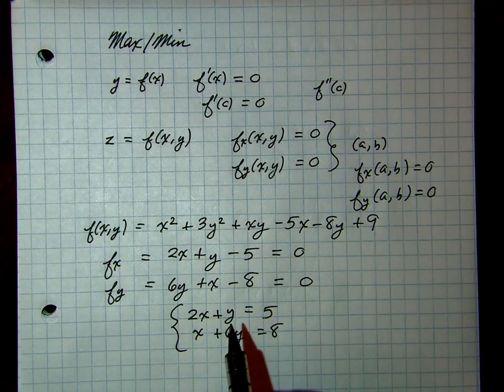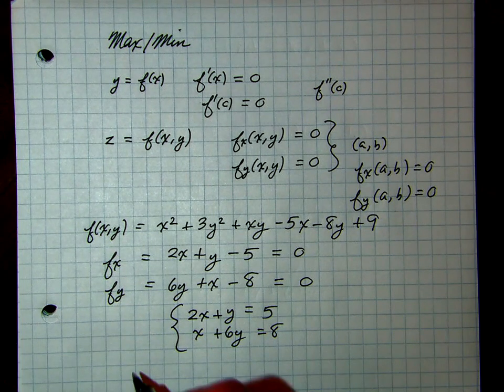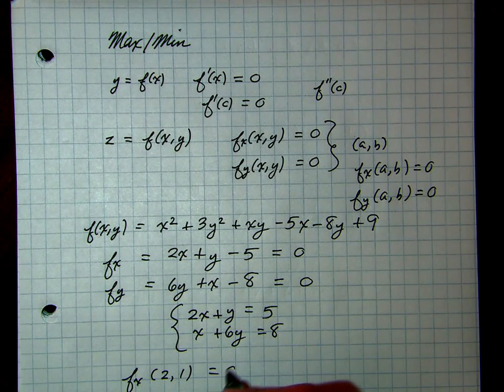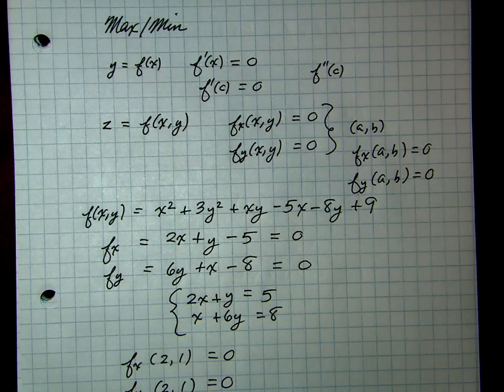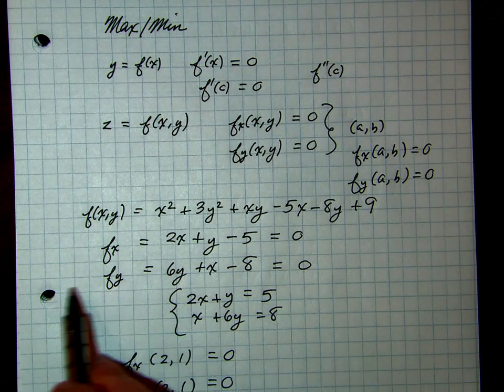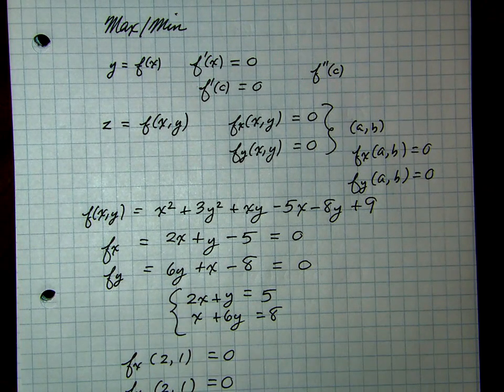So in other words, when all is said and done, we find out that fx at (2, 1) is 0, fy at (2, 1) is 0, and if we go ahead and work out what's going to happen with the second derivatives, we find fxx is just a constant, that's 2. And fyy is just a constant, 6.